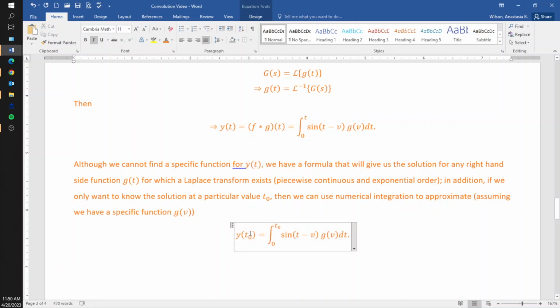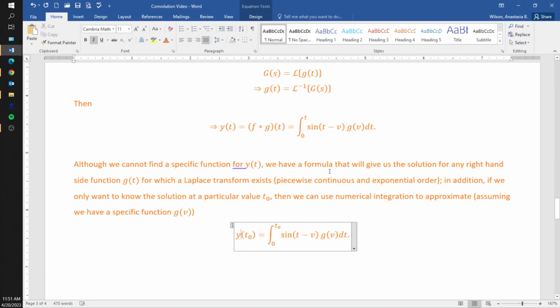If we wanted to know what y of some value is, t0, maybe it's 10, maybe it's 100, whatever, we could plug that in as our upper bound. And then if we had a certain g, we could plug that in here and integrate. And since this is a definite integral, we could either find an analytical value, let's say using integration methods from calculus, or we could use numerical integration to approximate the value since it's a definite integral.